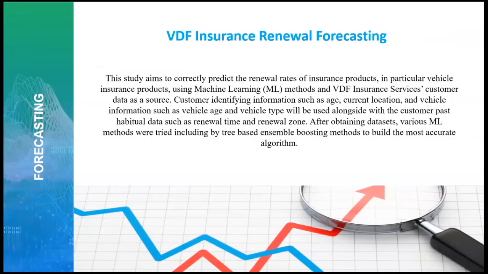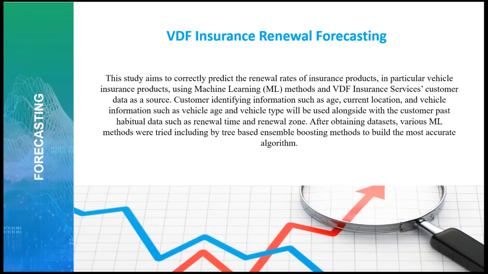The main objective of the project is to estimate the probability of customers renewing their insurance and motor insurance products. Machine learning techniques and algorithms and the related processes were developed in the insurance renewal projects.